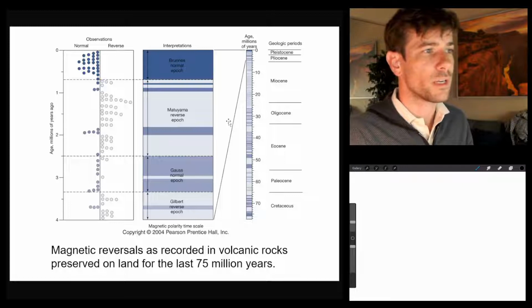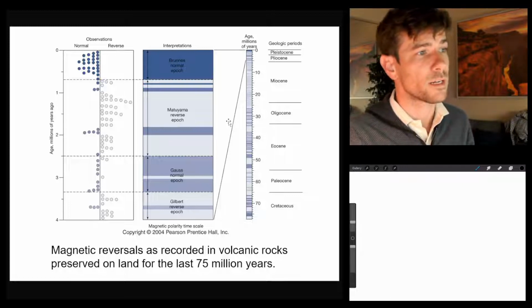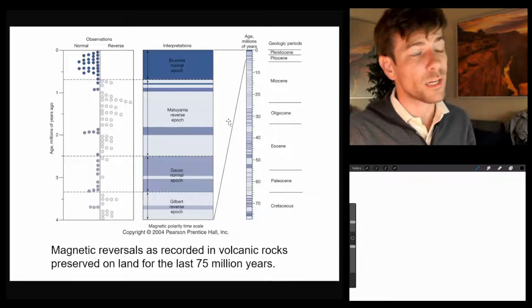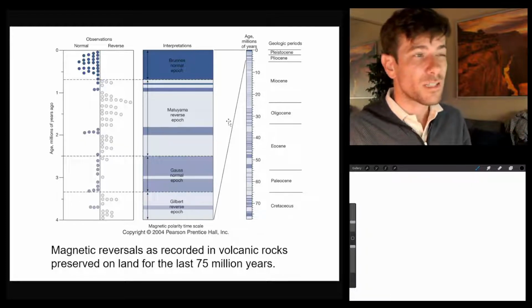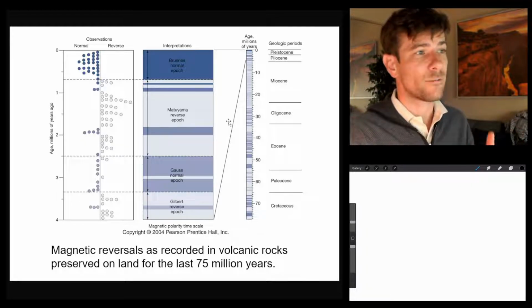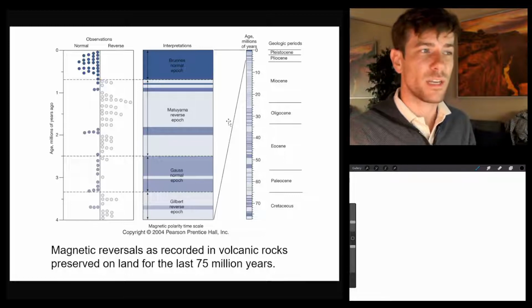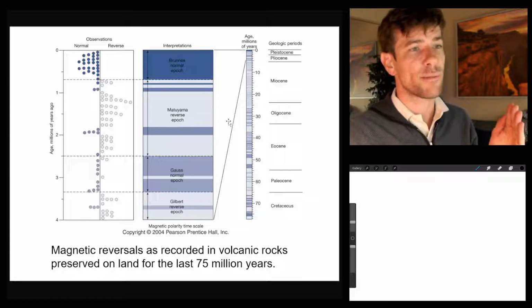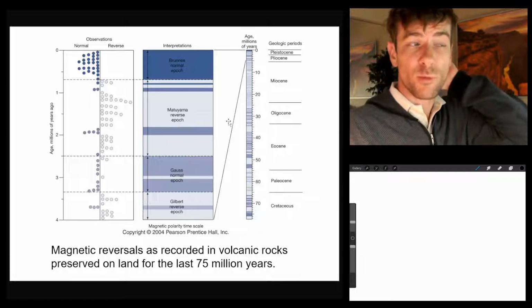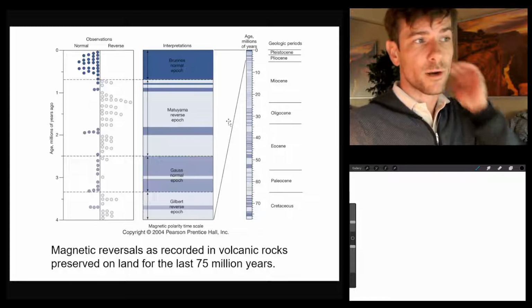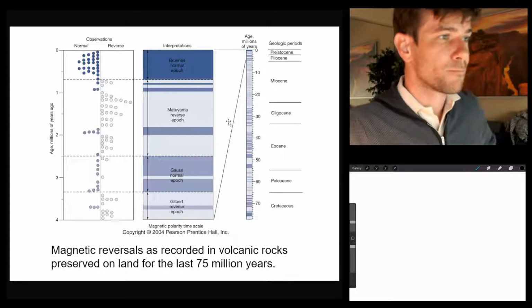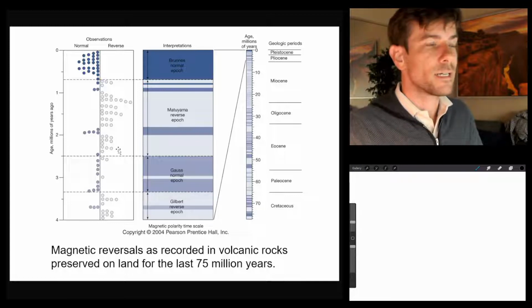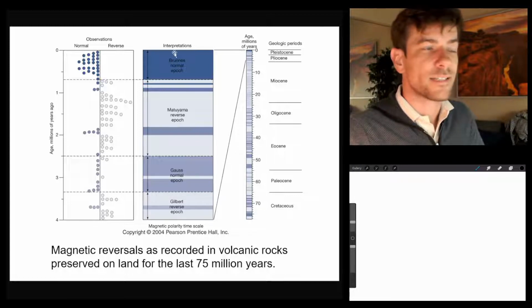They can be recorded in iron-bearing minerals that can have magnetic properties in and of themselves, and because of that, they can record the magnetic field that the Earth is existing within when that mineral cools from a molten state, or if it's heated above a certain temperature. Remember that temperature is called the Curie point, named for Pierre Curie, Marie's husband. In any case, that was sort of the initial evidence for seafloor spreading.